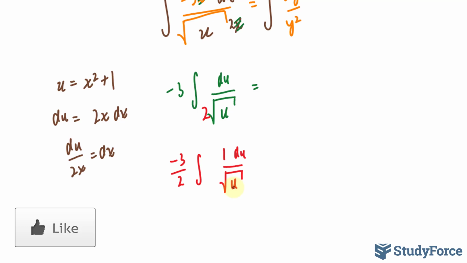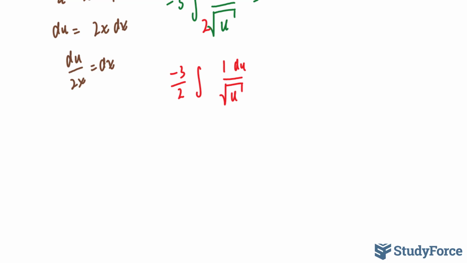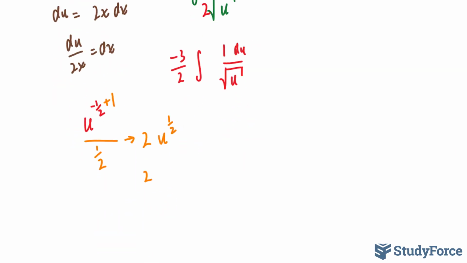To find the integral of 1 over the square root of u isn't hard. You do need to use your exponent laws, where 1 over the square root of u is the same thing as u to the power of negative half. We add 1 to the exponent, we take its sum and divide this expression by that sum, which is half. This ends up giving us 2 times u to the power of half. And this is the same thing as 2 times what we set u as, which was x squared plus 1.